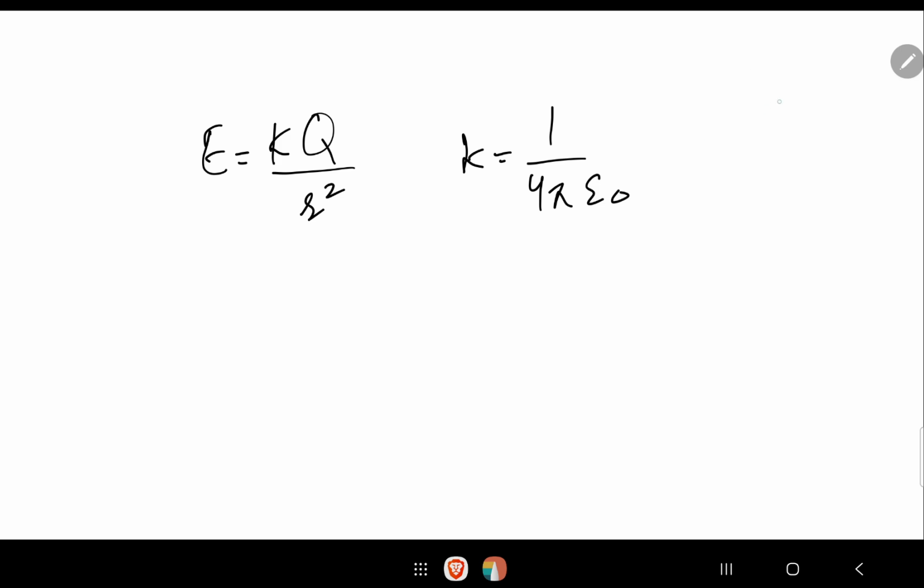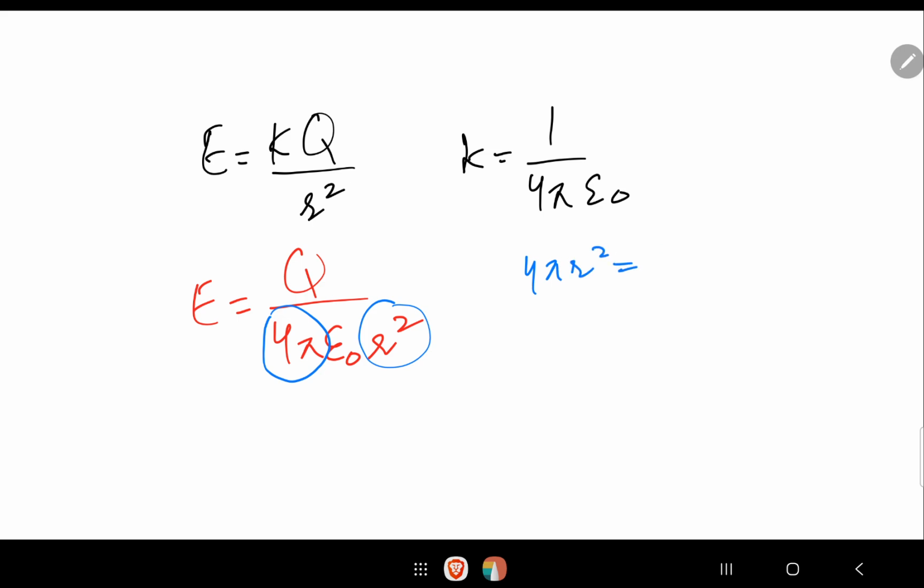Okay, so you know that the electric field is equal to KQ by R squared, where K is equal to 1 over 4 pi epsilon naught. So can I write it like this? Q over 4 pi epsilon naught r squared. If you notice here, this 4 pi r squared is just the area of the sphere.